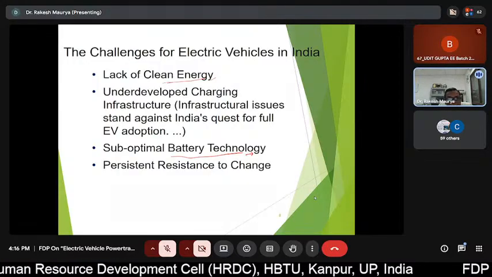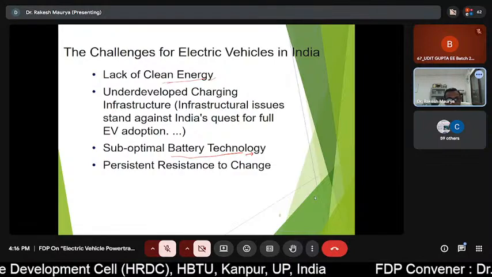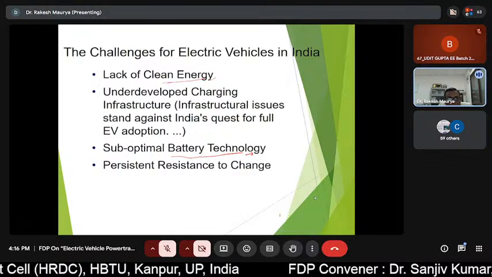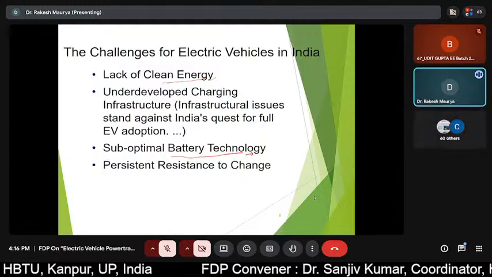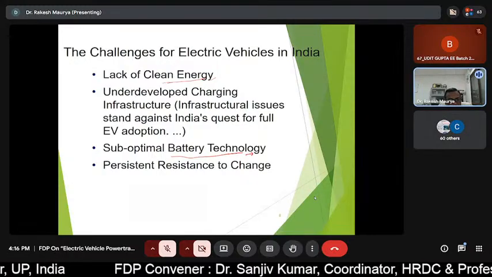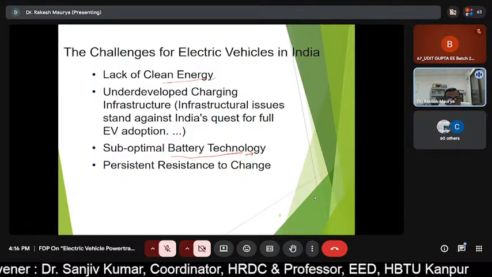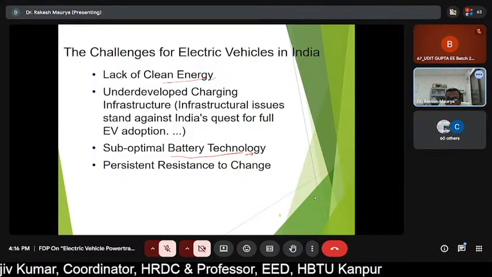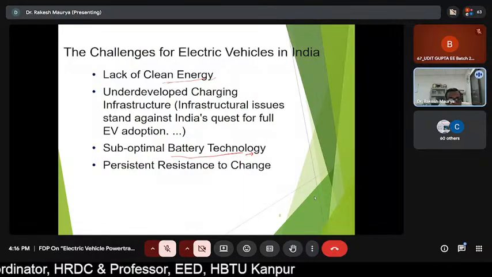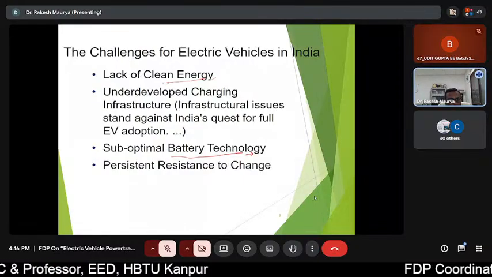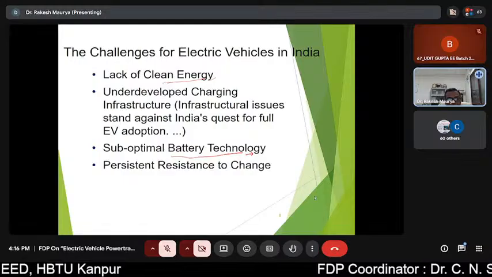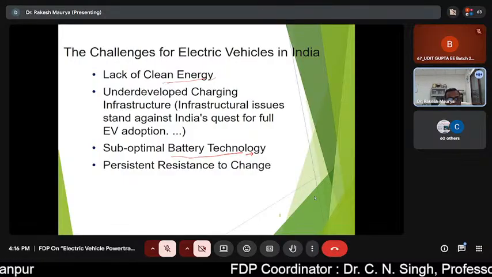The second challenge is the charging infrastructure. We don't have adequate charging infrastructure in the society. If you see the existing system, let's say the two-wheeler or three-wheeler, the e-three-wheeler is very popular for passenger transport. You might have heard of the e-rickshaw.